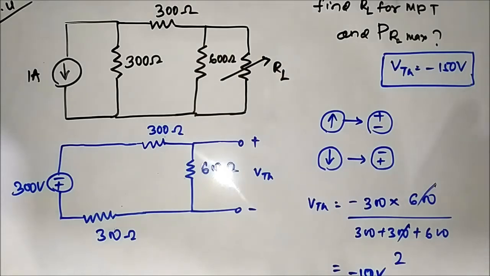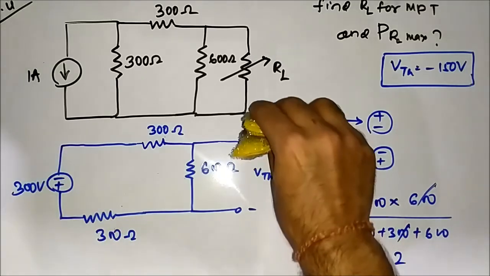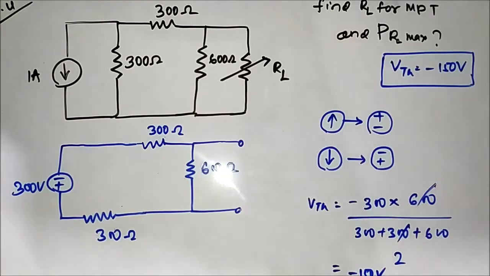we have got VTH. Now we have to find RTH. So in the same circuit, if we have to find RTH, then we have to deactivate the independent sources.